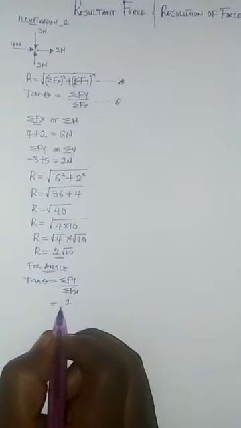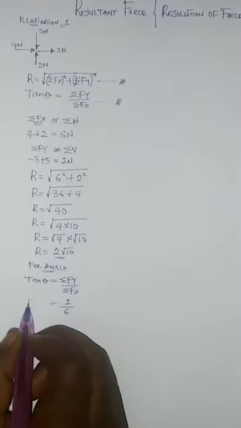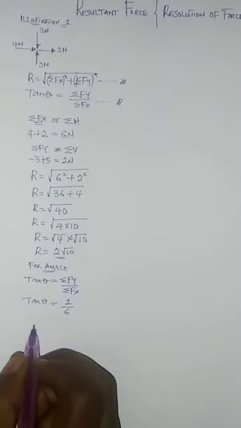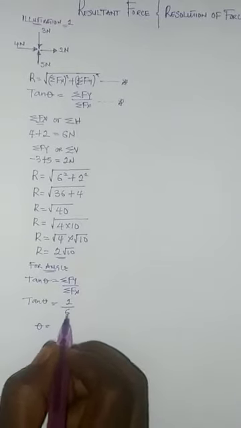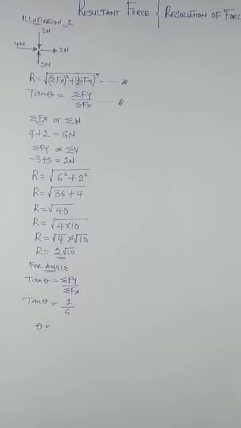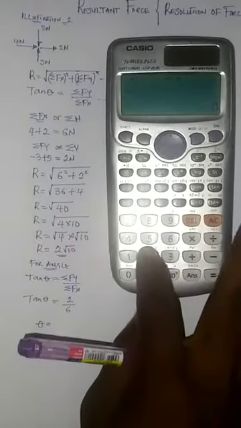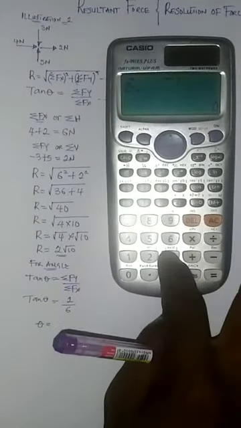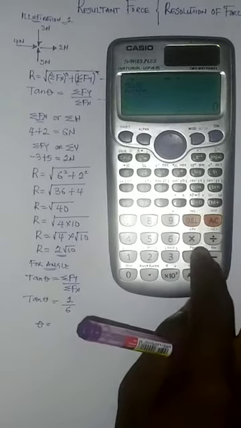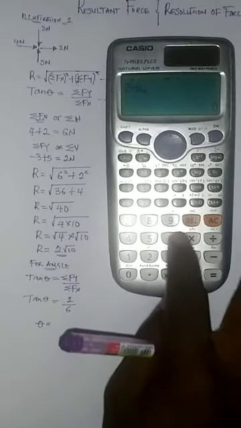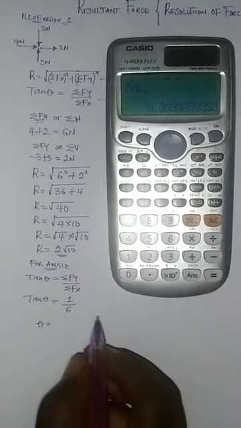So 2 over 6 is my tan theta. 2 divided by 6 is 0.333.